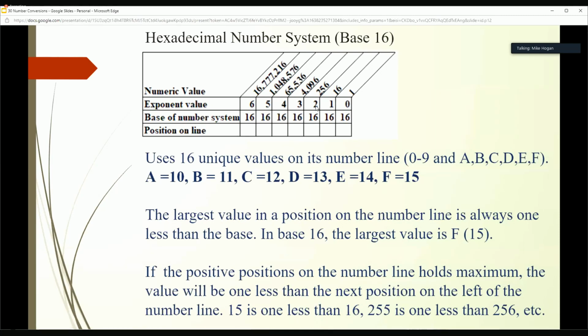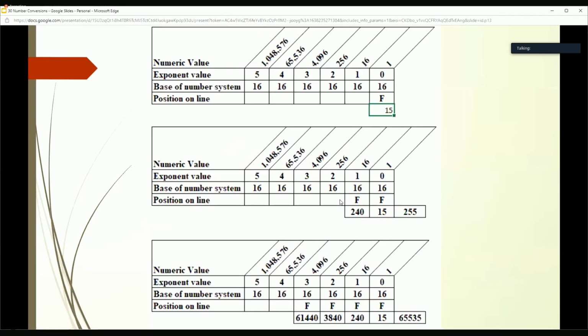I add those together and I should get 255, 1 less than the next weighted column, right? We see that here. F is 15 times 1, which gives me 15. FF is 15 times 1, 15, plus 15 times 16, or 240. That together is 1 less than the next weighted column of 256.